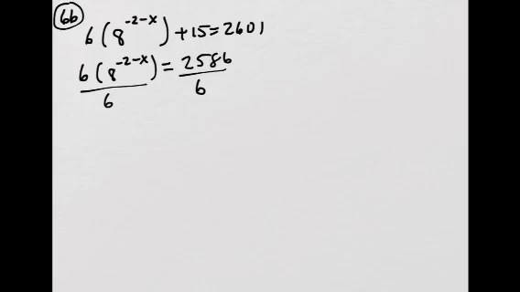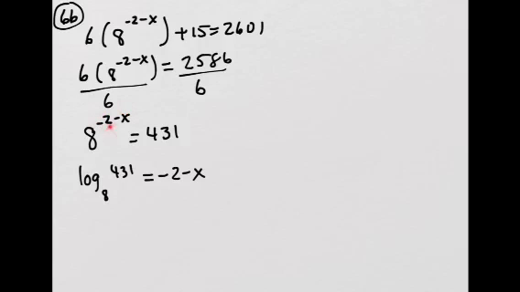And you get 8 to the negative 2 minus x equals 431. So it's an exponential equation, so I'm going to change it to log form. So log base 8 of 431 equals the exponent. This whole thing right here is the exponent, so this is what goes on the right side.